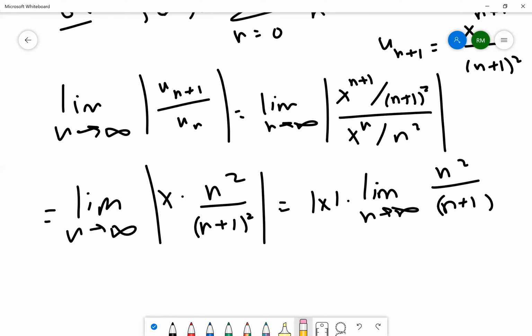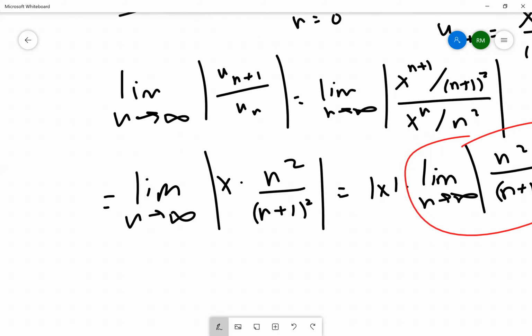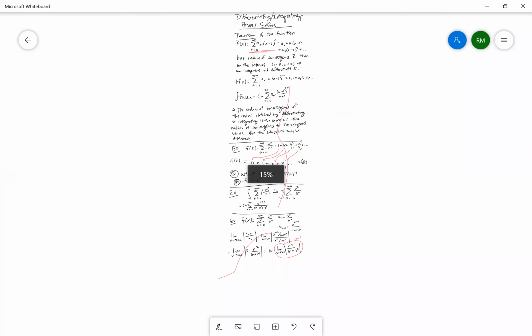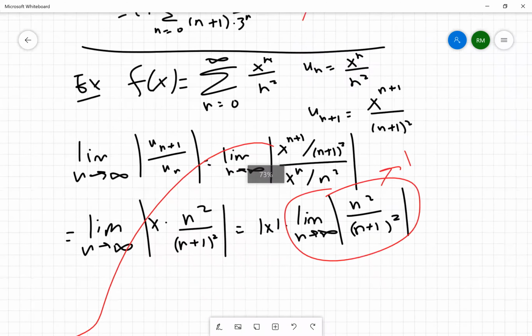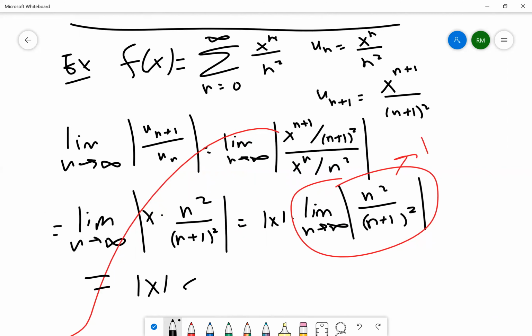And I think we all know that this piece here goes to 1 as n goes to infinity. So it should equal the absolute value of x, which must be less than 1.